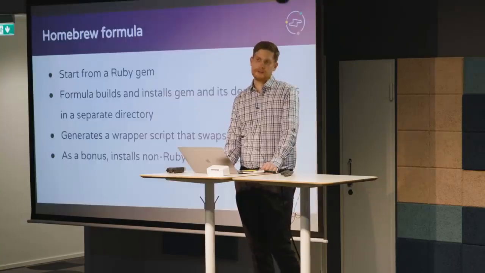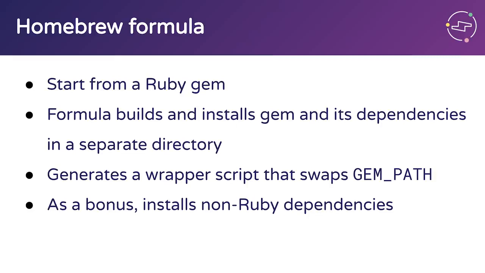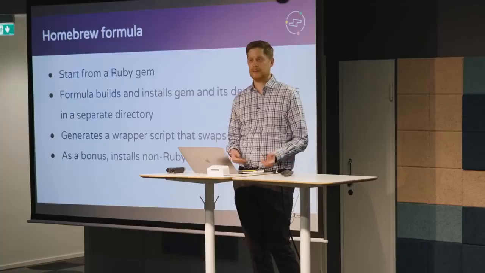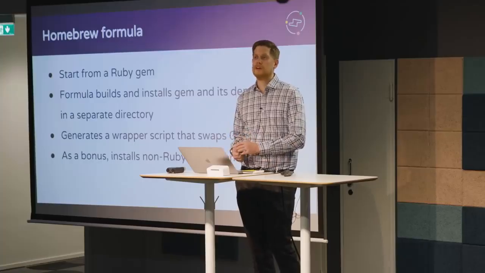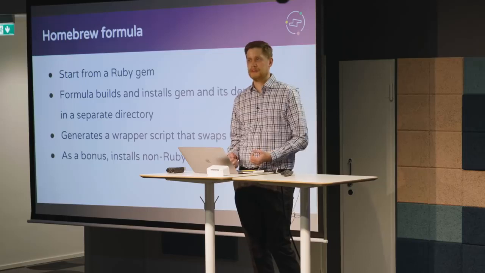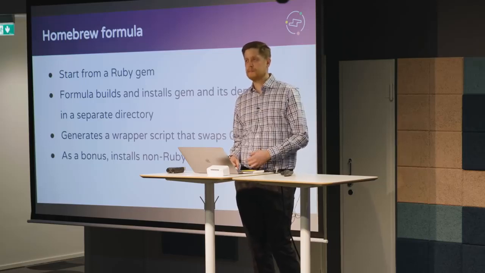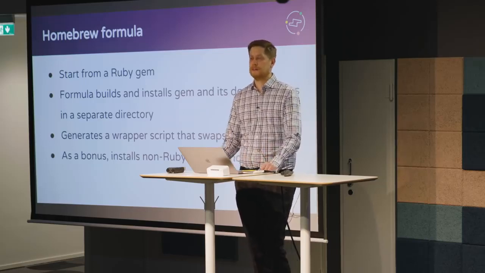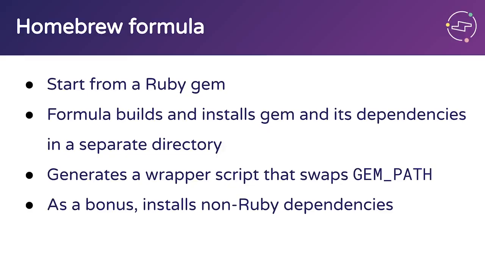So what we chose to use then is a Homebrew formula. You start from a Ruby gem in this process, have a formula that builds and installs the gem and its dependencies to a separate directory from your usual gem path, and then have a wrapper script that just manipulates the environment to include a reference to the gem path that Homebrew chooses to use.